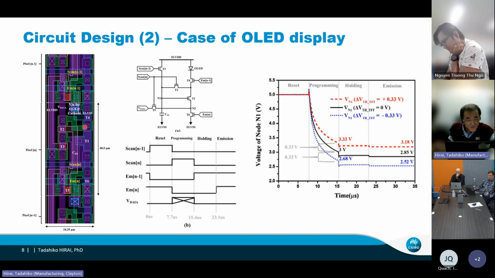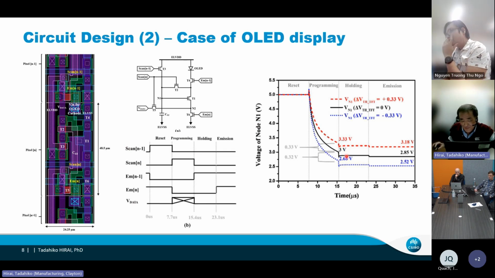The single pixel includes, you know, 7 transistors, probably, 6 transistors, sorry, 6 transistors and a control capacitor and OLED like this.